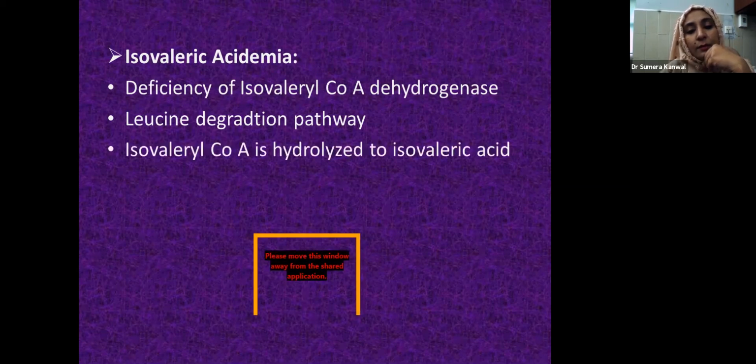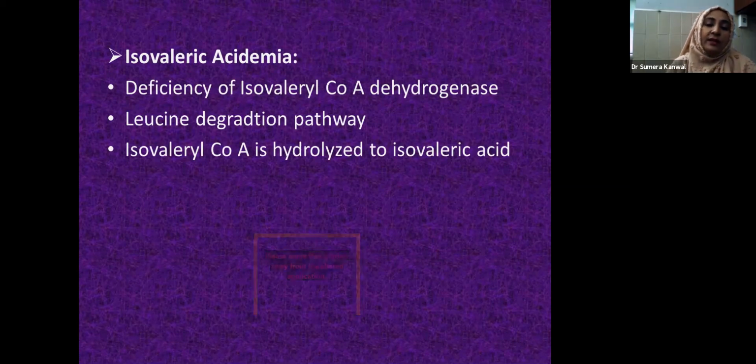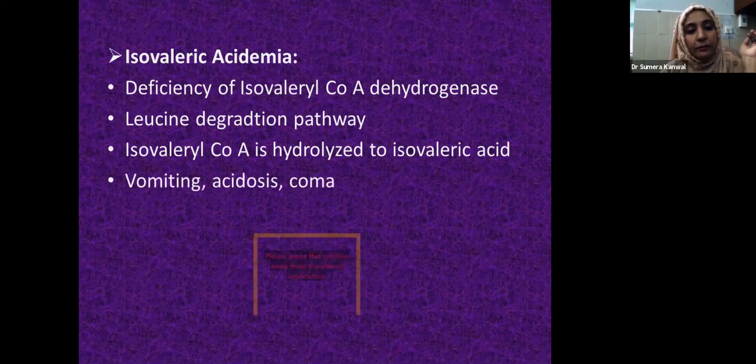So the defect of this enzyme leads to the accumulation of isovaleryl-CoA. This isovaleryl-CoA is hydrolyzed into isovaleric acid instead of acetoacetate or acetyl-CoA from leucine degradation. Again, there is an accumulation of isovaleric acid. So it is characterized by acidosis and vomiting. If untreated, it leads to coma.